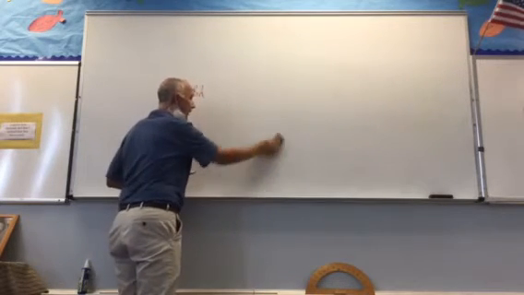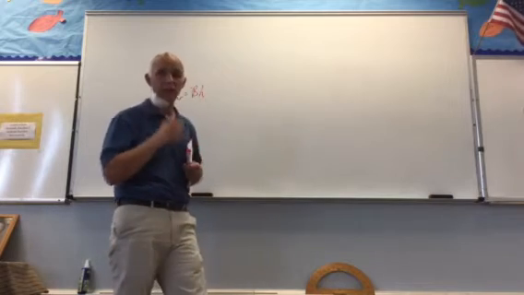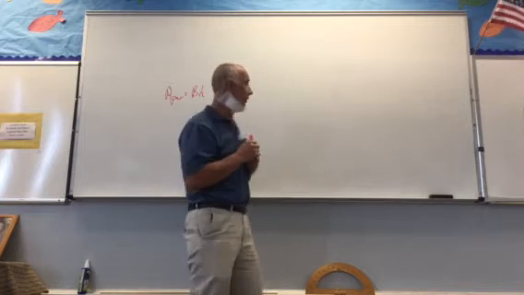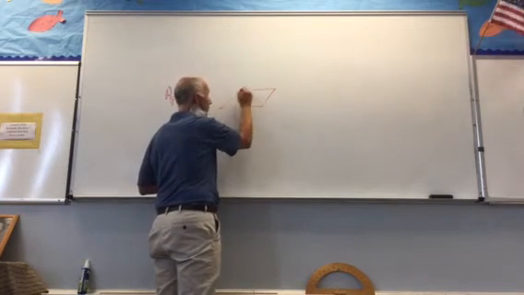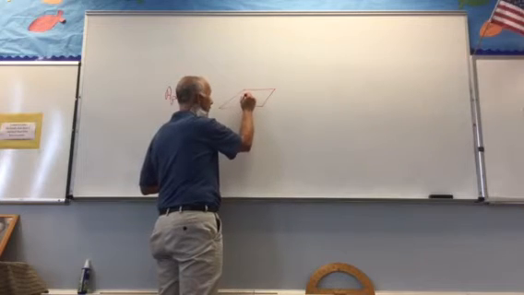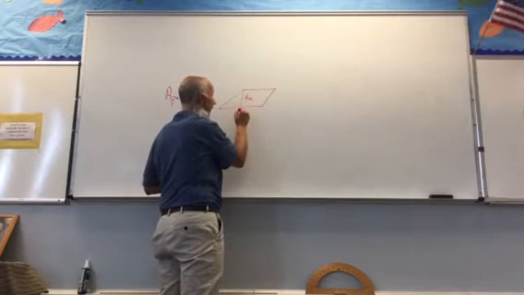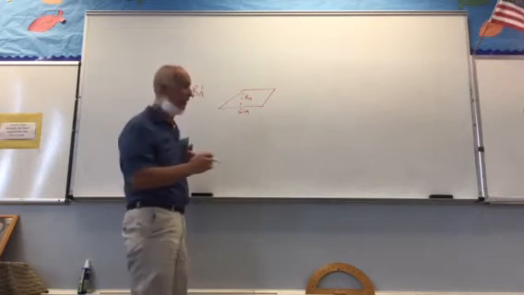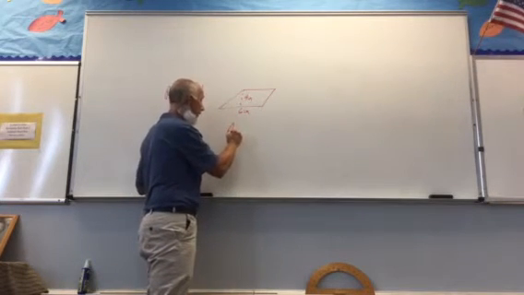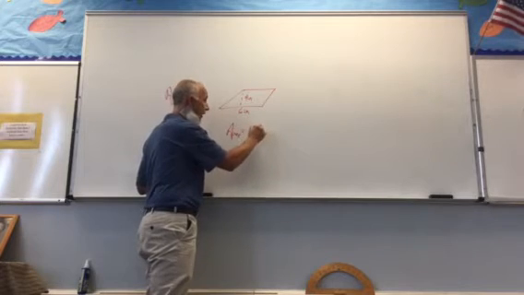By the way, I was grading your homeworks on perimeter, and I was very disappointed that a lot of you weren't using the formula first, replacing the values for the variables, and then the answer. So if I gave you a parallelogram like this on homework, and I told you the height was 4 inches and the base was 6 inches, and I asked you to find the area, I'd expect you to say area of a parallelogram equals base times height.